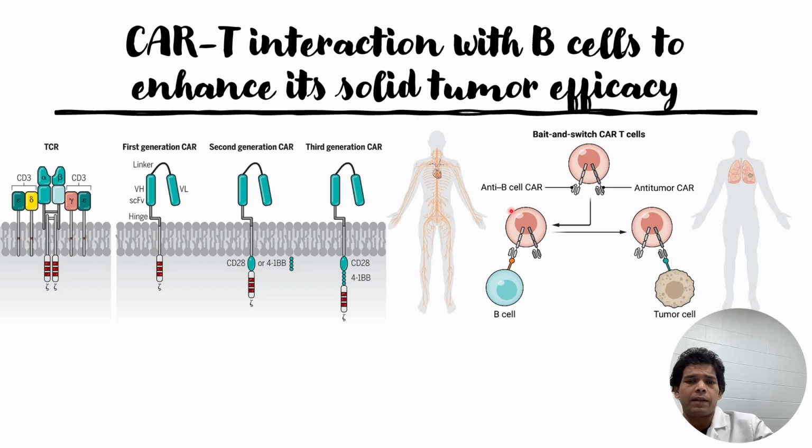Here the B cell CAR is targeting the normal B cells, not the tumor or cancerous B cells. Since normal B cells are present in human beings, the CAR T cells will frequently interact with these normal B cells, and this will lead to the activation of the T cells.